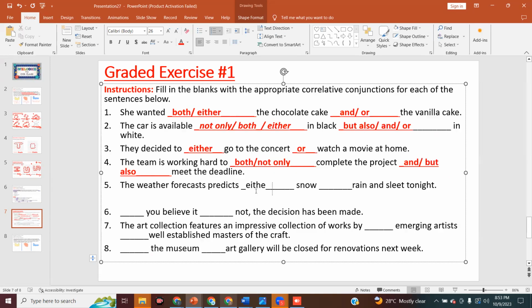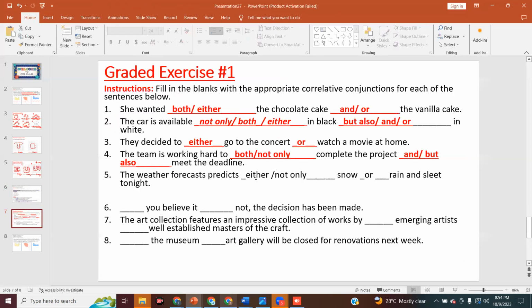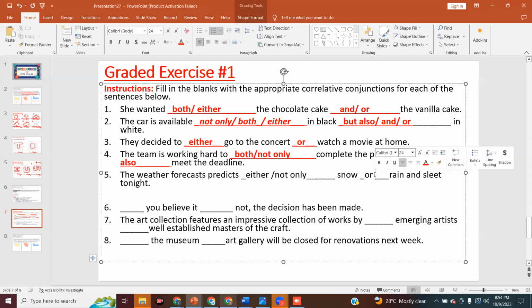The one I had in mind was either snow or rain and sleet tonight, or you can say not only snow. Wait, not only goes with what? Not only, but also.